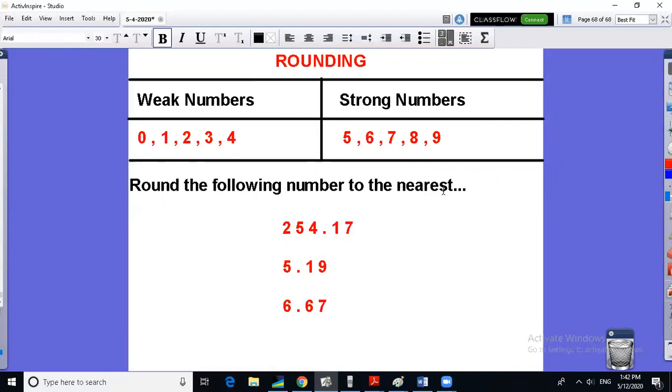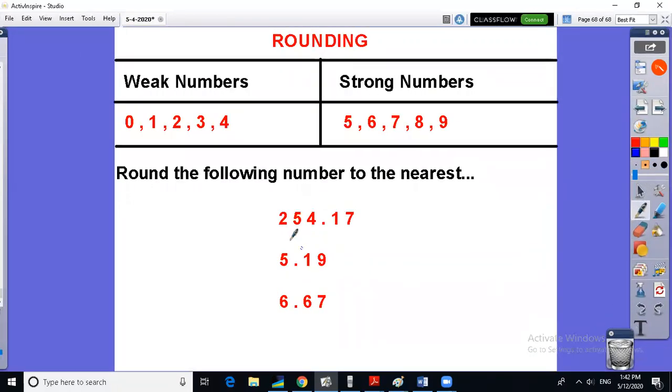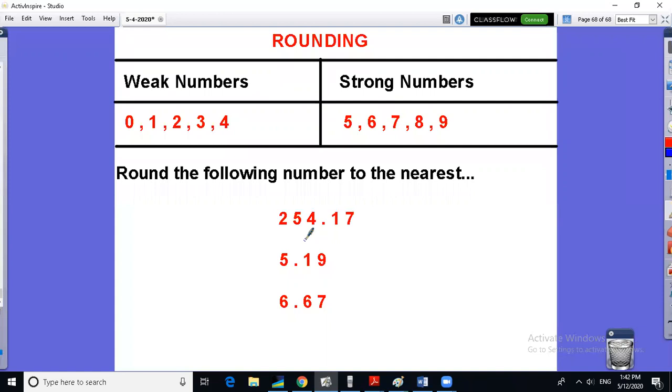How are we going to use this? Let's have a look at the first example, which is round the following numbers to the nearest. If I need to round it to the nearest tens, the first thing that you need to do is to determine where the tens is.